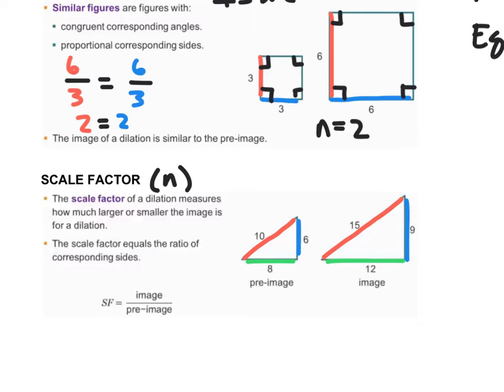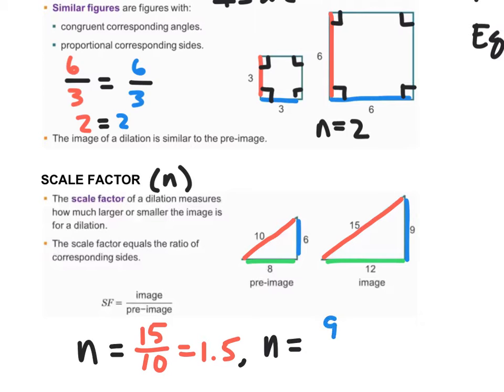pre-image. So one way that I could do this to find n is I could do 15 divided by 10, okay? And that's going to give me a value of 1.5, okay? Now, I could also do 9 divided by 6, okay?